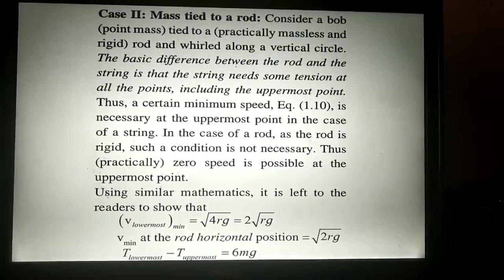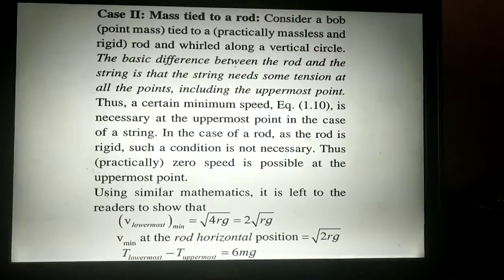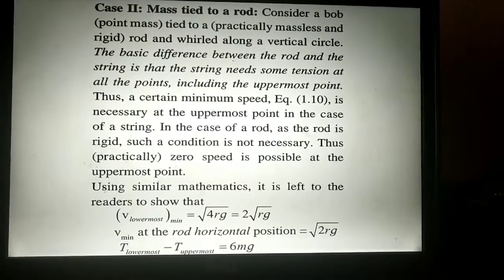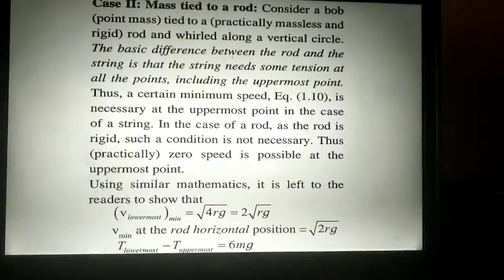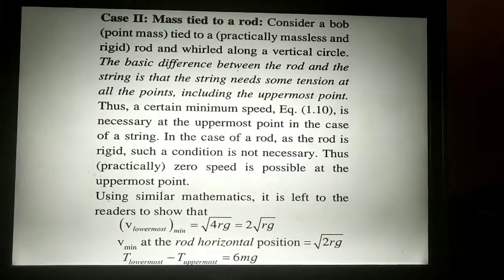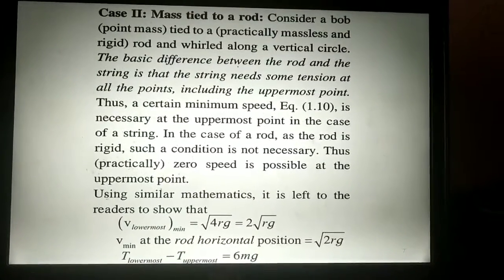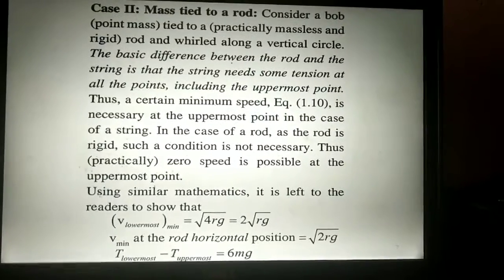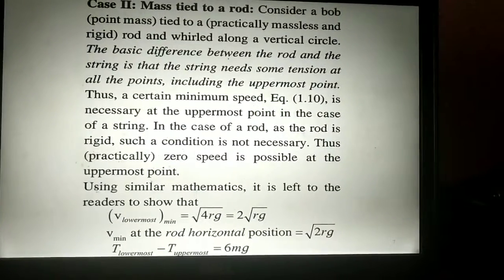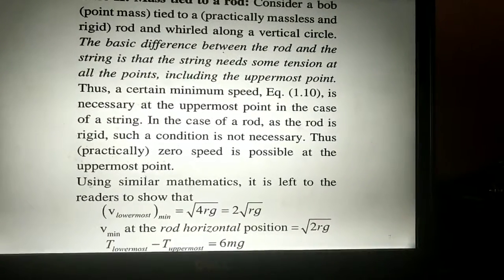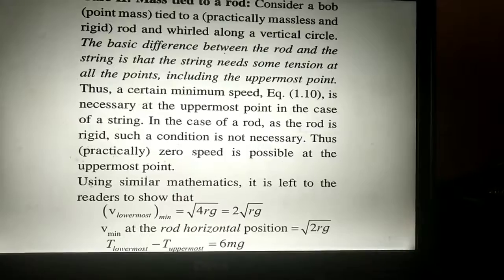Similarly, by using mathematical equations like you did in case 1, you can also solve for this case, but now they have directly given you the results. The lowermost speed, that is the minimum at the lower position, will come out to be under root 4 rg, or you can also say 2 under root rg.